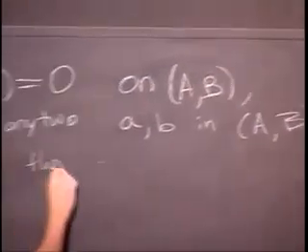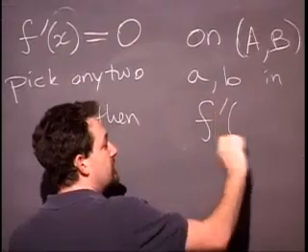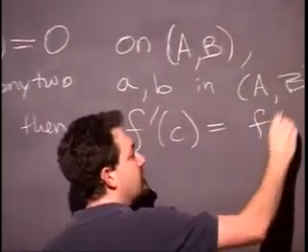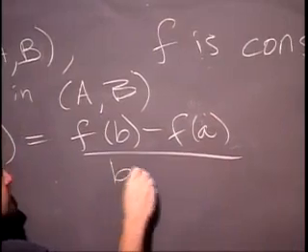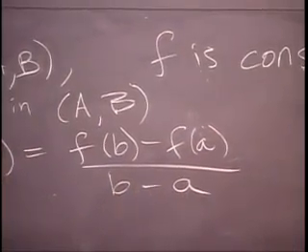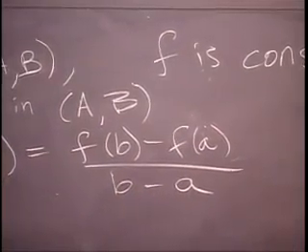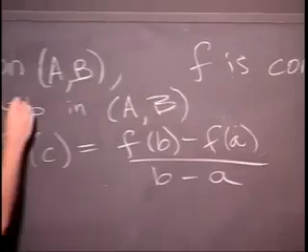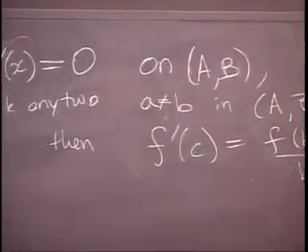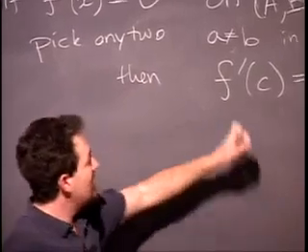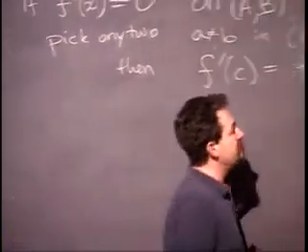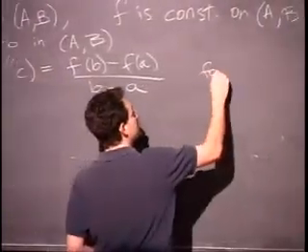Then I can use the mean value theorem since everything's differentiable. I just want to make sure that A is not equal to B. Obviously, I don't pick the same thing twice, or else this fraction doesn't even make sense. So f prime of c equals f of b minus f of a over b minus a for some c.